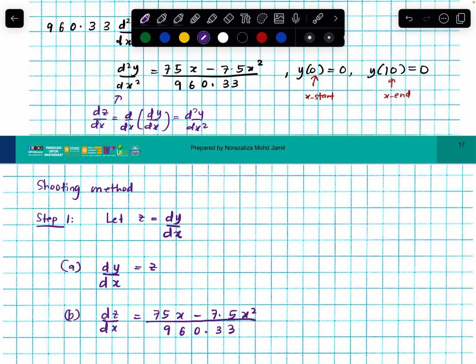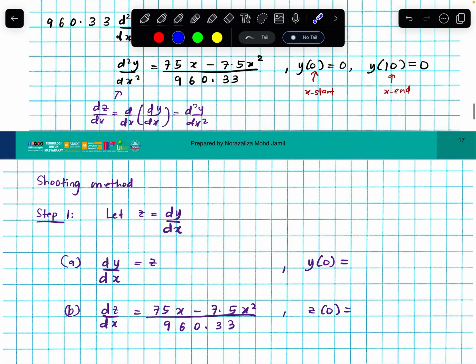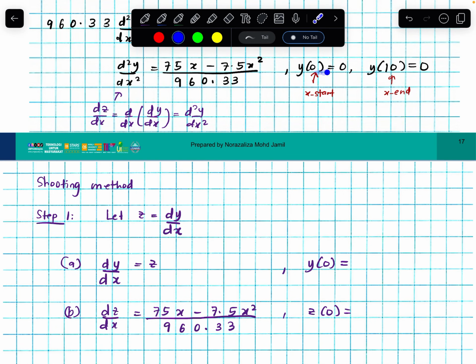Now you have two first order equations. For each equation, let's state the initial values, y(0) and z(0). y(0) can be obtained from this setup; it is equal to 0. For z(0), you have to guess, so let's take 0 as the first guess. We don't know the answer yet, but it's okay.